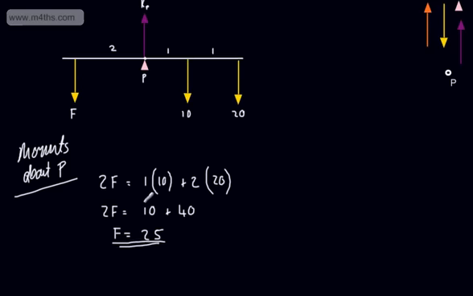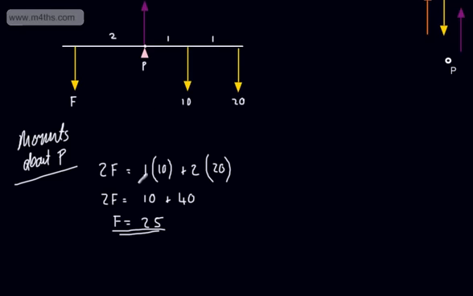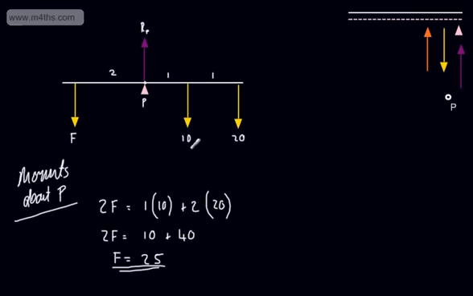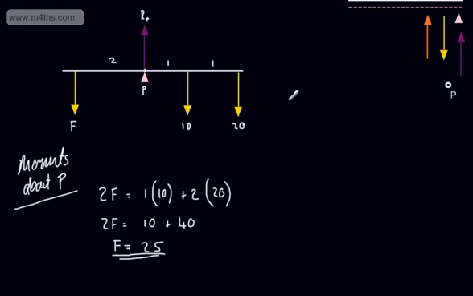Now, if that's the case, we could say if this is in equilibrium, F is 25. Now, also for this to be in equilibrium, we've got to consider this normal reaction force up in this direction. But quite clearly from our work before using Newton's second law, if we resolve upwards, for this to be in equilibrium, i.e. there's no resultant force, RP must be equal to F plus 10 plus the 20.